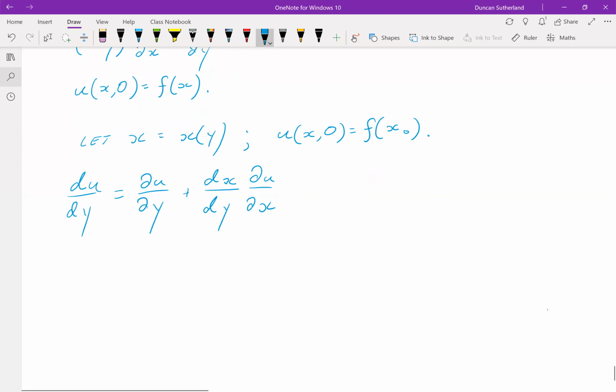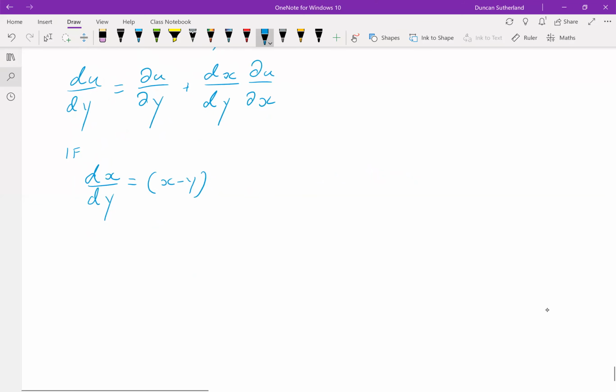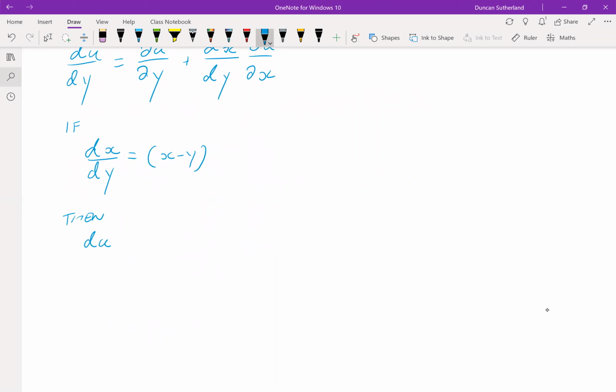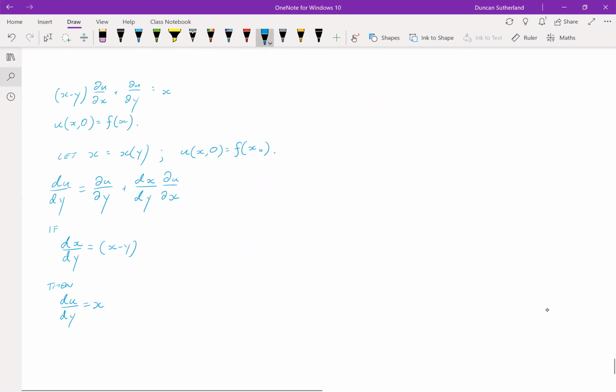Upon the characteristics, if this dx/dy is equal to this thing, which defines our characteristics, then du/dy is equal to x, by comparing this to our original PDE.